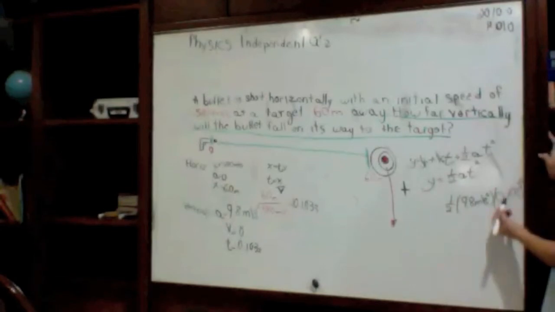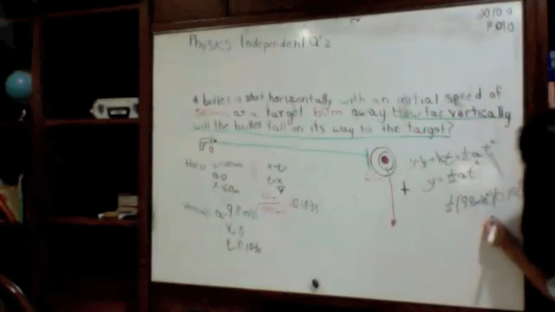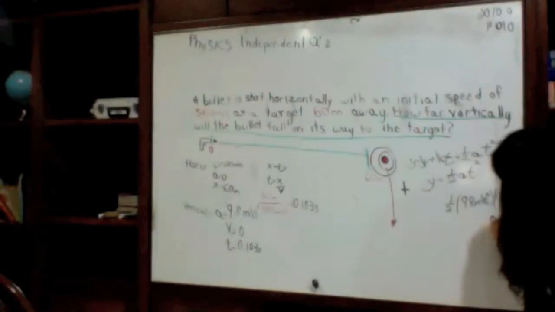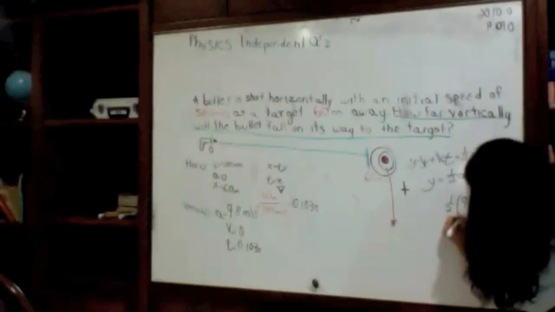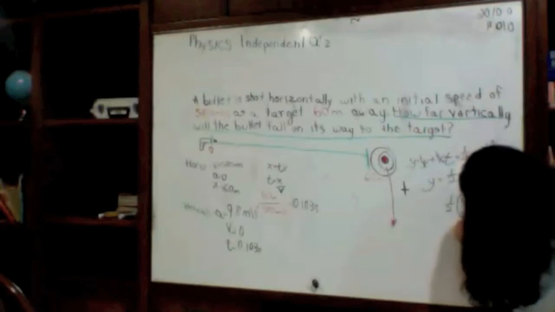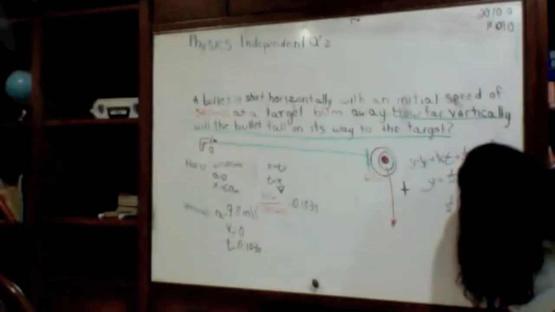So our time squared would equal 0.0106 times our acceleration, 9.8 meters per second squared.